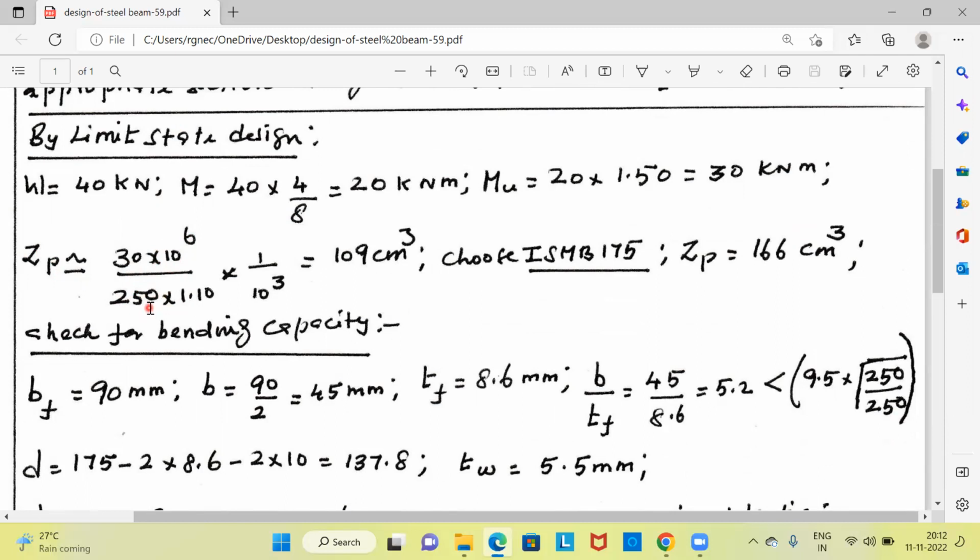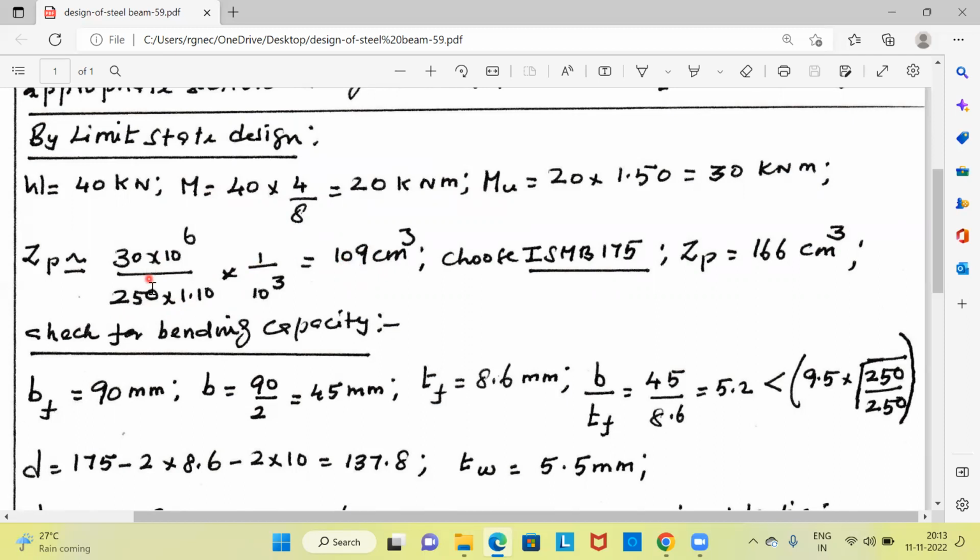Now, Fy is equal to 250 and the material factor of safety is 1.1. In fact, here this 1.1 should appear as 250 divided by 1.1, as a result of which 1.1 should appear in the numerator. This is a mistake. Anyhow, this is a rough work. This is just giving the range of plastic modulus of section required.